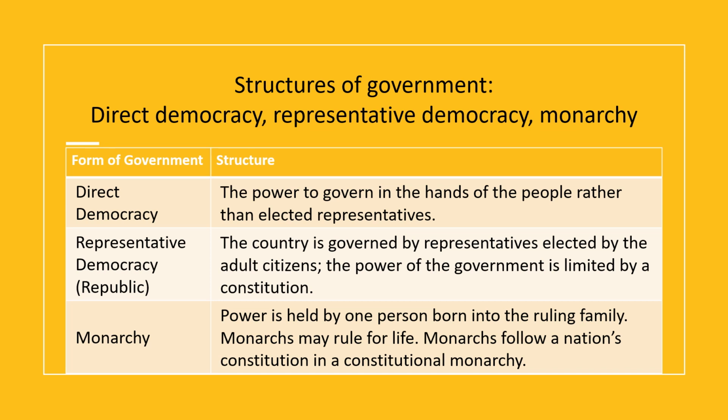And this is an important principle as well, because even though their only qualification is being born into a particular family, this monarch must understand what their powers and responsibilities are under their nation's constitution, that they don't have absolute power even if they may be the one person who holds power within the monarchy.